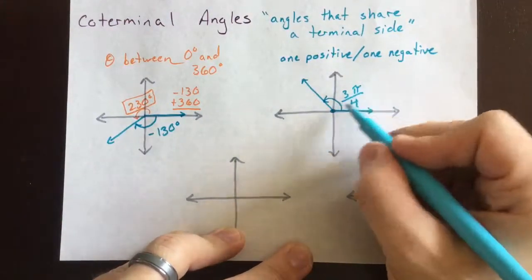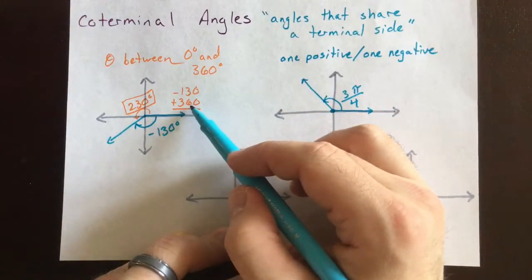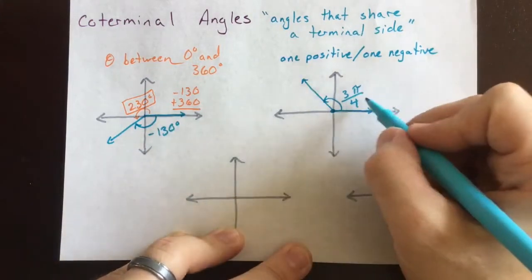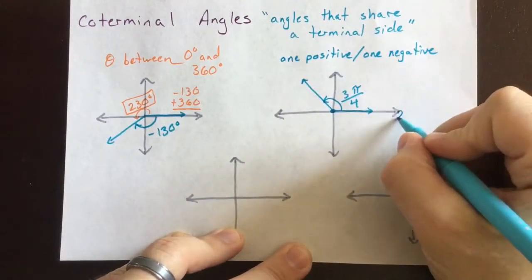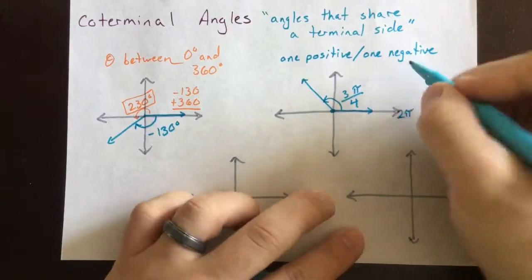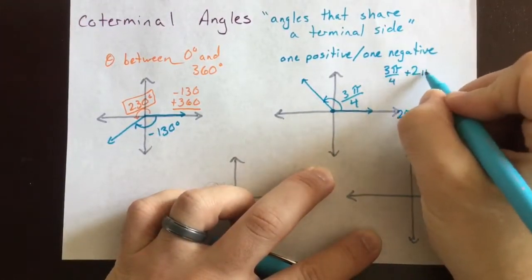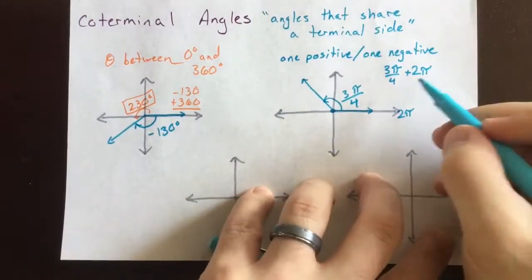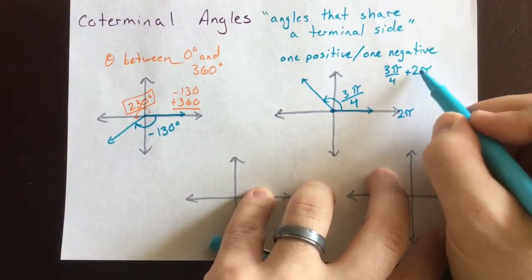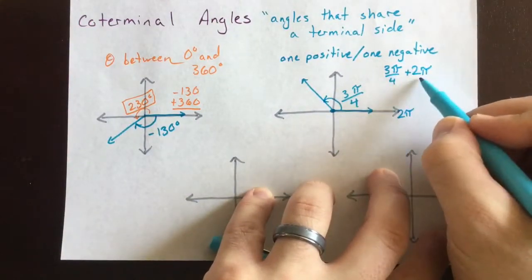So the idea of adding 360 would still work for us. In radians, we know 360 is 2 pi. So I'm going to take 3 pi over 4 and add 2 pi to that. 2 pi is actually 8 pi over 4.